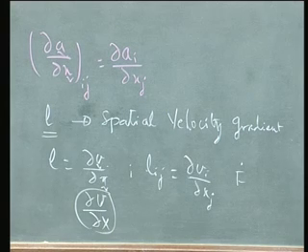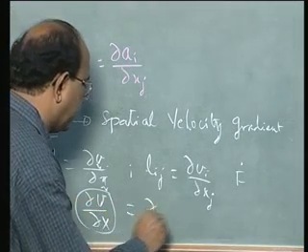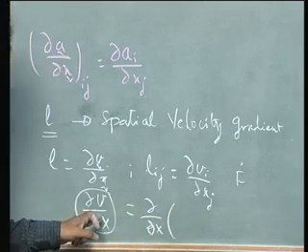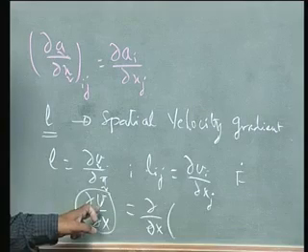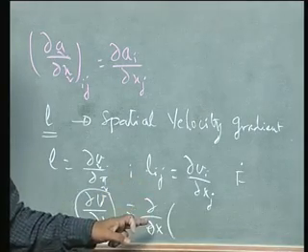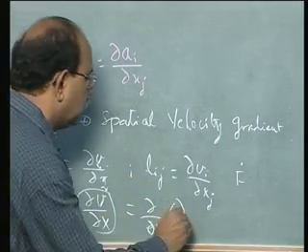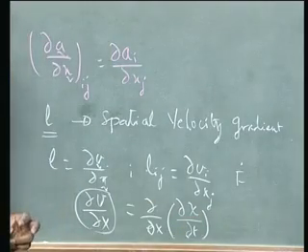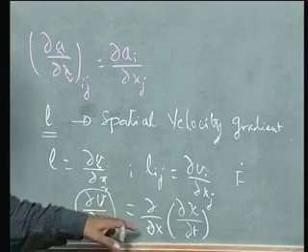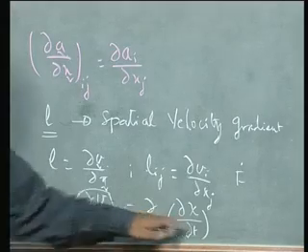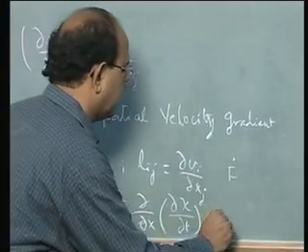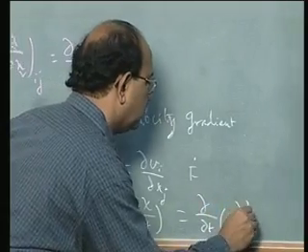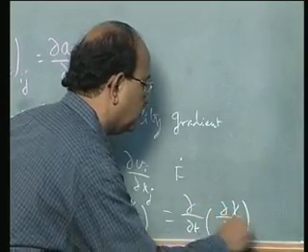Very simple, there is nothing there. That is equal to dou by dou x of, okay, what is V? Dou small x by dou t, which can be written as dou chi by dou t. Since x is independent, I can switch these differentials so that I get dou by dou t of dou chi by dou x.